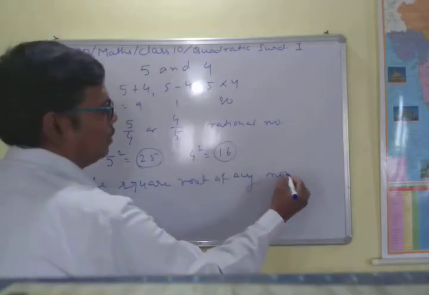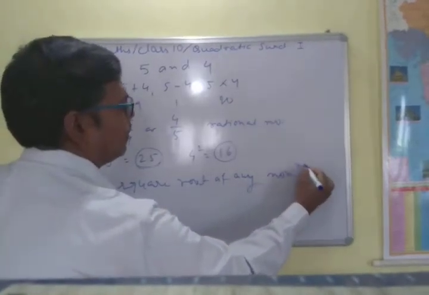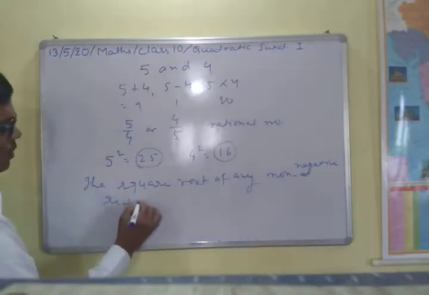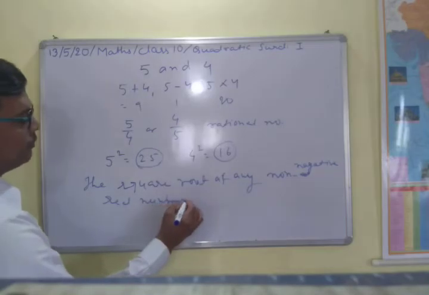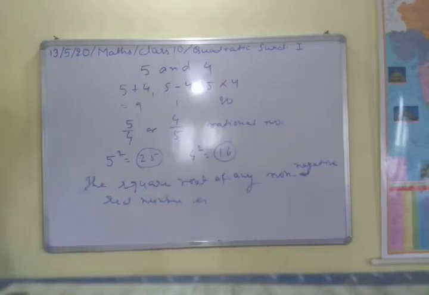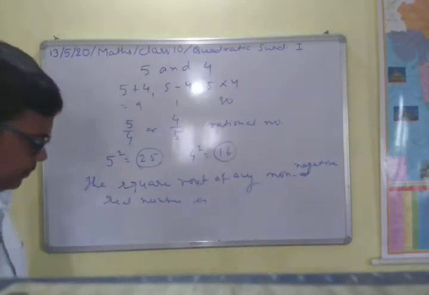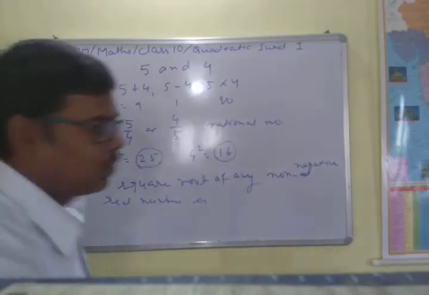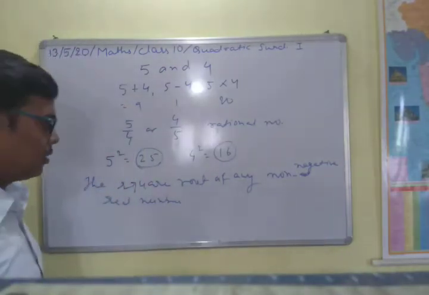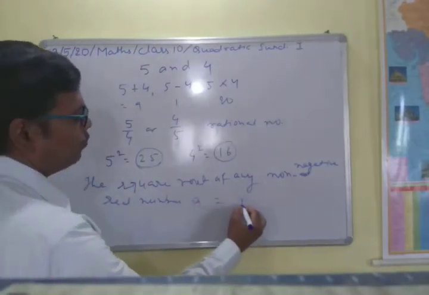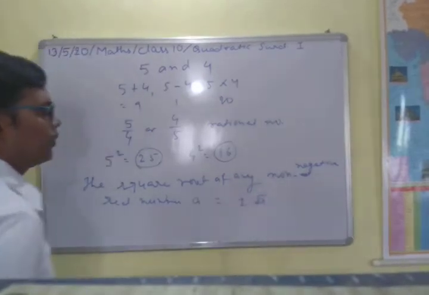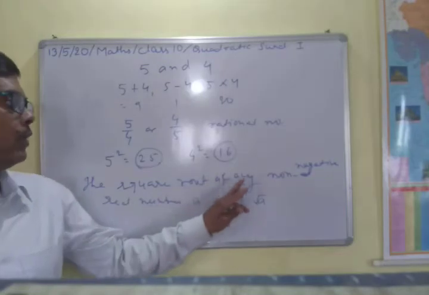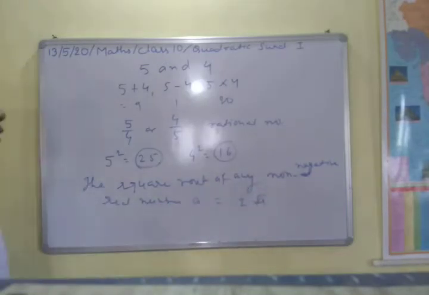Suppose a is a non-negative real number, then the square root of a will be equal to plus minus root a. This is the definition here. Now, what is the meaning of non-negative here?